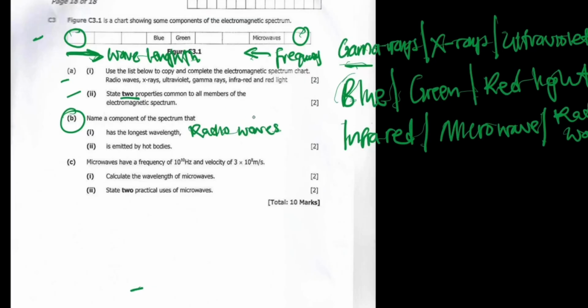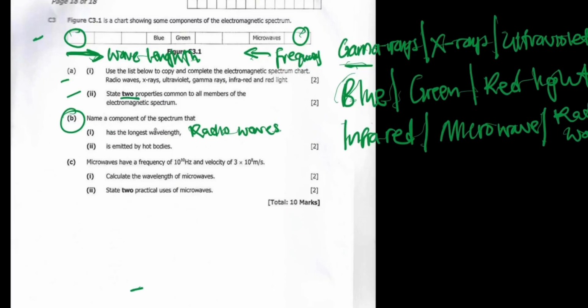But radio waves are the ones with the lowest frequency because frequency actually increases as you go to the left. So when it comes to the wavelength, it is radio waves, and gamma rays are the least with the lowest wavelength. But when you're talking about the frequency, you go in the opposite direction and you see that radio waves actually have the lowest frequency.